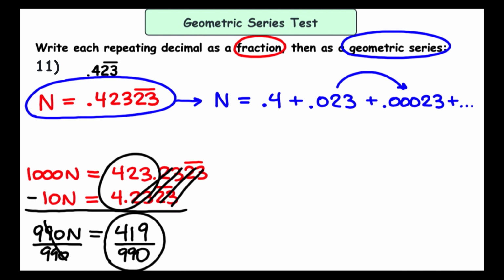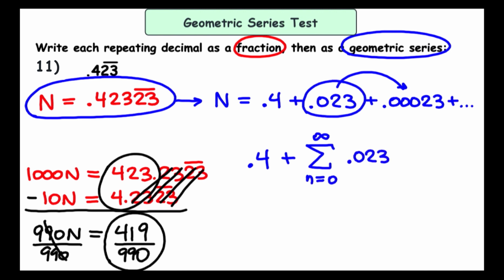So the sigma is going to be this. The 0.4 needs to be out front. And then the rest of it will turn geometric. A little trickery there. The initial term will be the 0.023. And r, here in parentheses, is 1/100th to the n.